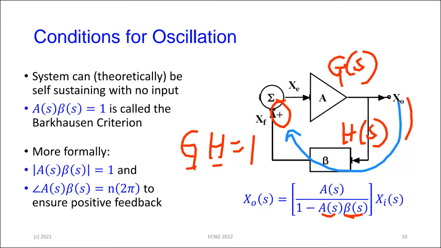So if we are somehow able to achieve these two things in our design, then we're going to have a circuit that produces a self-sustaining output without us producing an input.